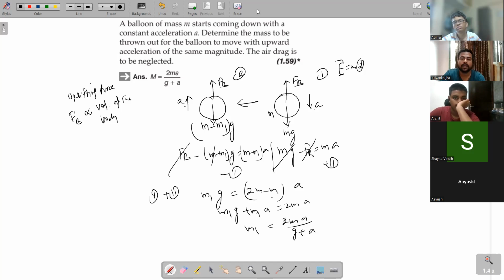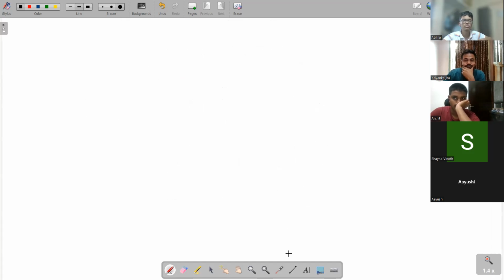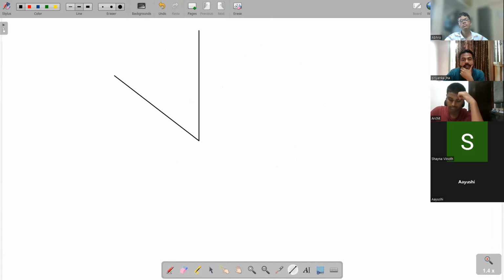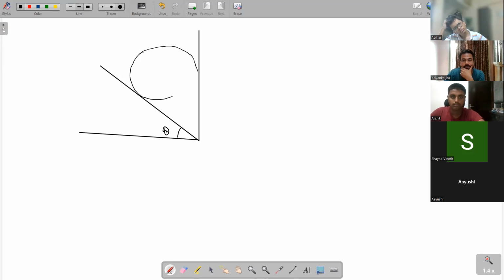Done. Okay. Now, this is the vertical wall. This is the inclined plane. This inclined plane is making some angle with the horizontal, that is angle theta. And suppose one spherical ball is kept at rest here, like this, at rest. The mass of the ball is m.